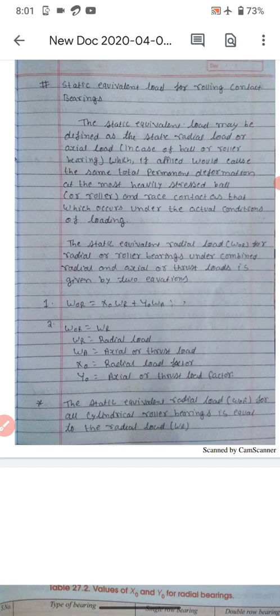Today we are going to see an important topic, that is static equivalent load for rolling contact bearing.